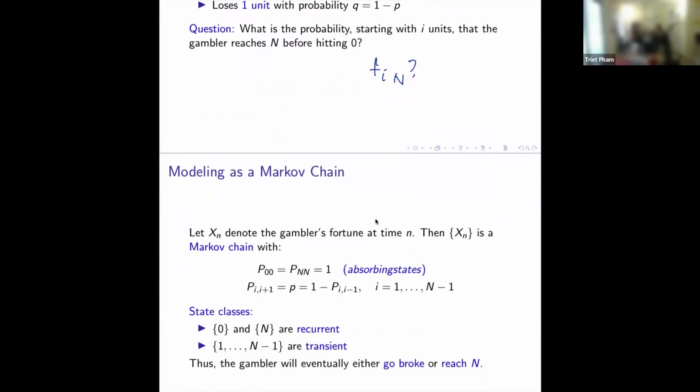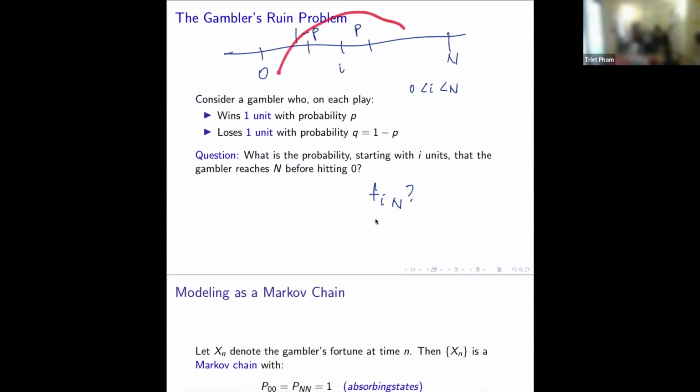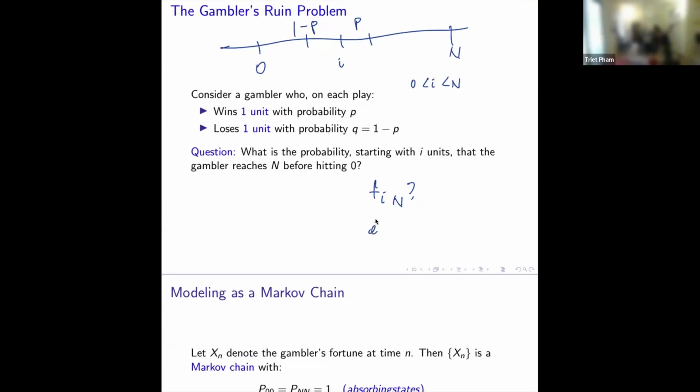Why do you even care about a problem like the gambler's ruin, besides the fact that it's famous? It's well known. You should have heard about it in many circles. The first thing is that it is connected to the topic of calculating the eventual transition probability to go from i to n.